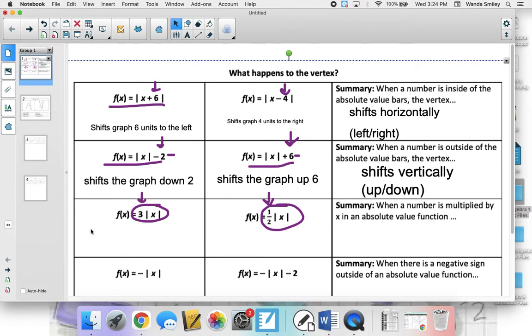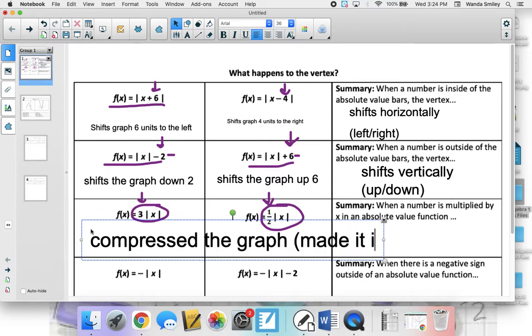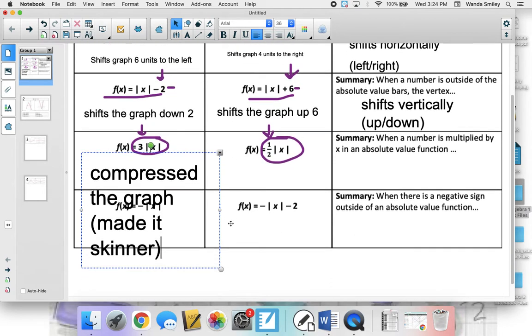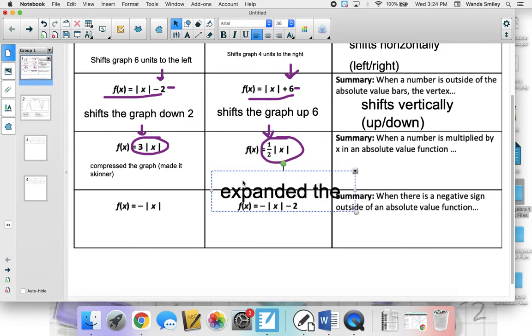So we call this compression, it compressed the graph, which made it skinnier. It is called compression because you're compressing it, you're making it skinnier. All right, and then for the 1/2, it expanded the graph or made it wider.